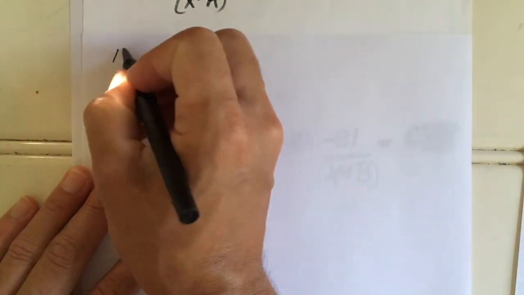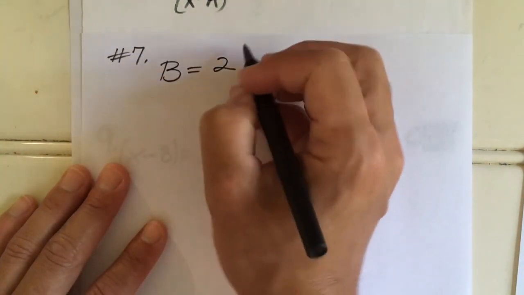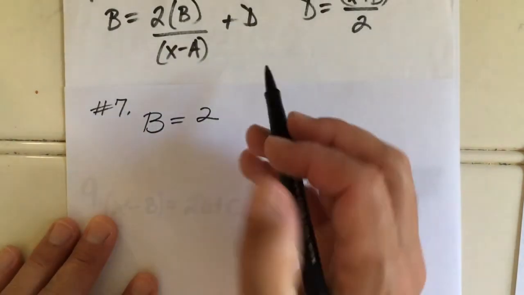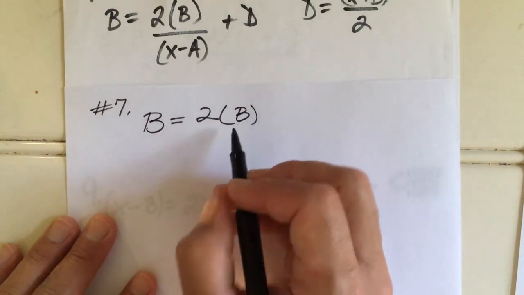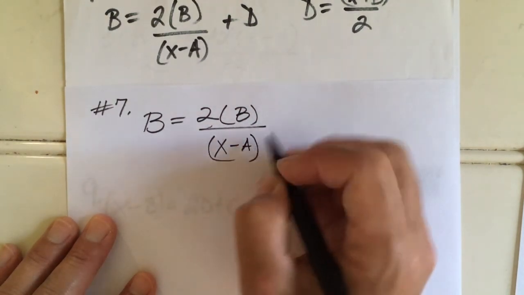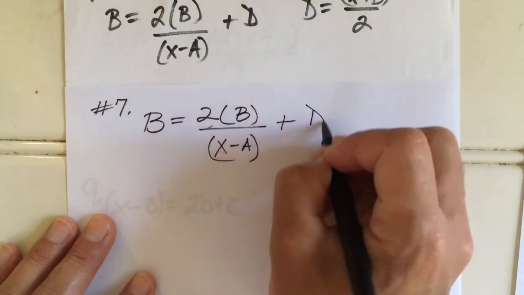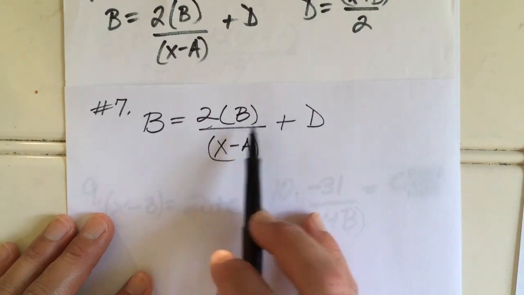All right, so let's look at number 7 here. So I'm going to go ahead and rewrite it. This is just 2 times b, I could have just written 2b. Okay, so this plus d is outside of the fraction, right?